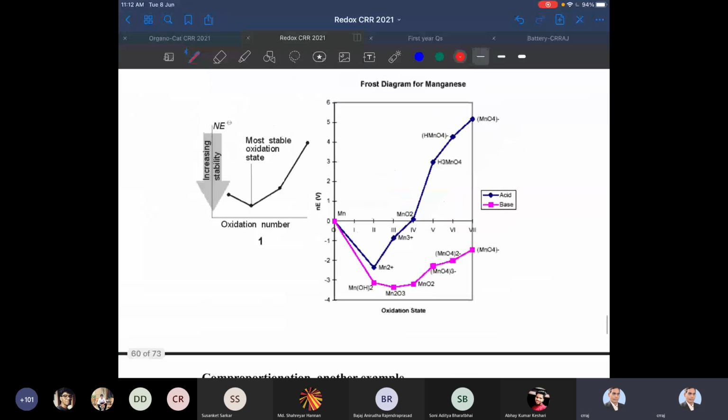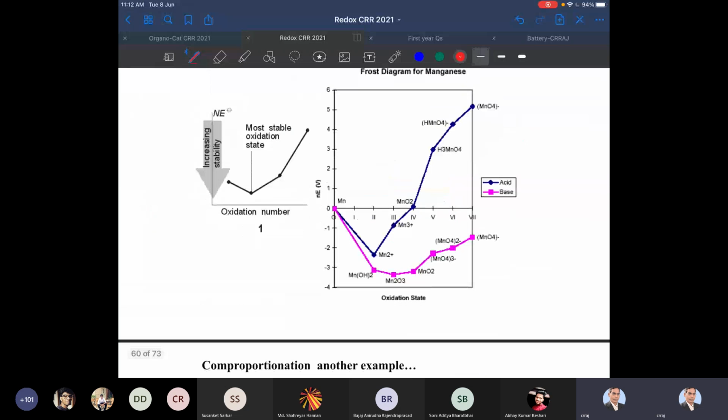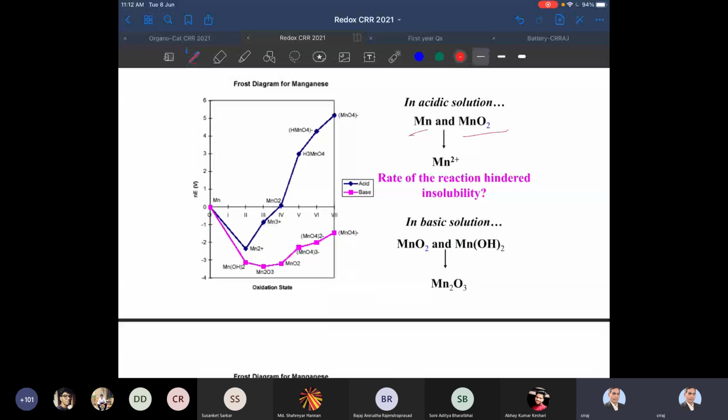Again, I am bringing the manganese. I have already explained: most stable oxidation state. Comproportionation reaction of Mn and MnO2 in acidic solution.